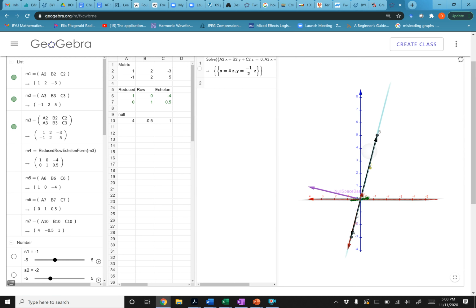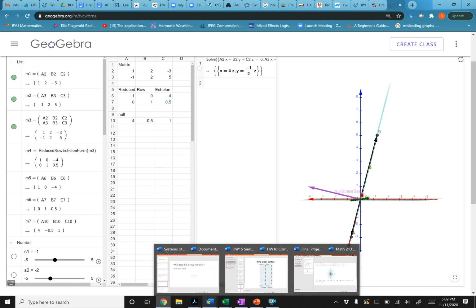And the null space of that system is this perpendicular purple line right there. That's the basis for the null space, and the null space is the whole line. We can see that they're perpendicular, so that's what that says. We already talked about that in a previous class, though we didn't talk about it as a theorem. I was just trying to understand what a null space is, because the null space is all the vectors that get mapped to the zero vector. Well, we need to keep going.